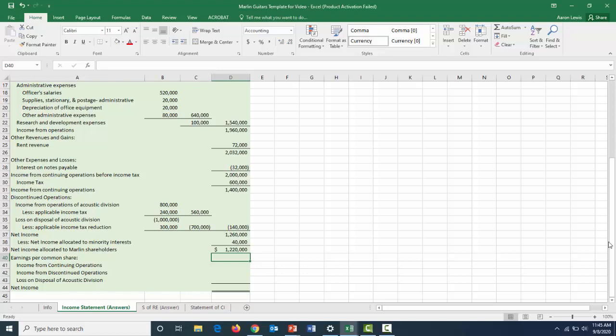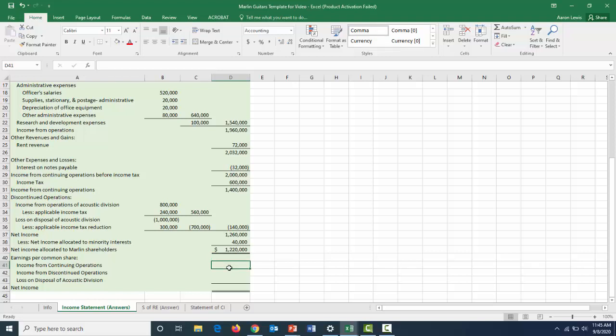But GAAP is going to require us to do one more thing, because companies come in various sizes. $1,220,000 might be good for us, where it would be terrible for a really huge company. So to make it easier for potential investors to compare the income of two companies, we have to break it down on a per share basis. So the first thing we have is income from continuing operations.